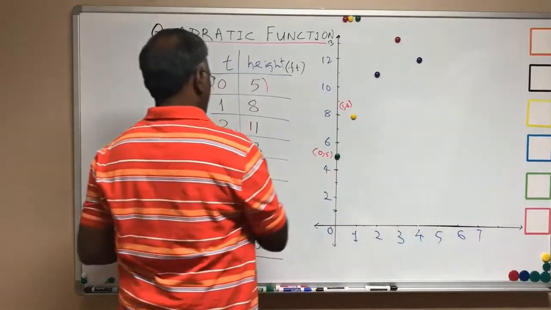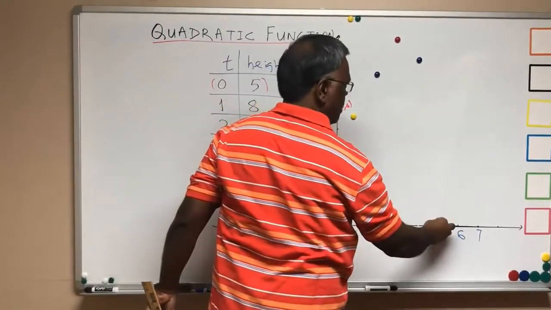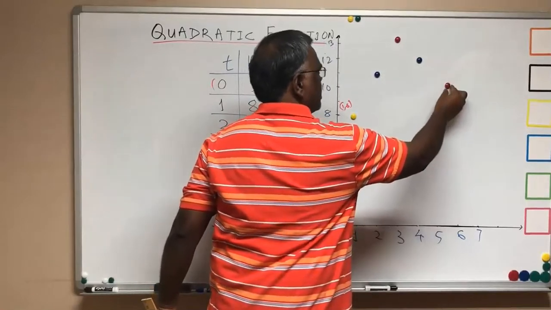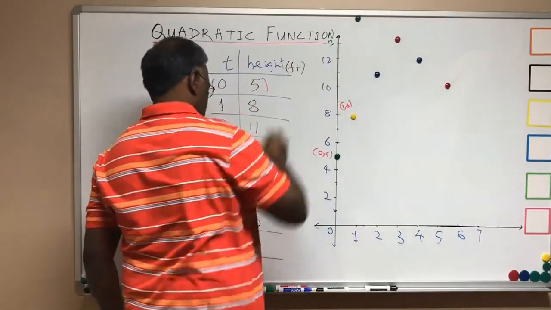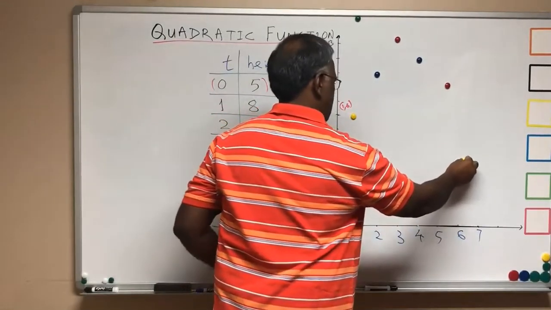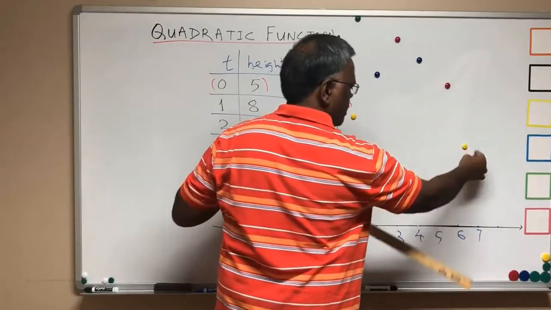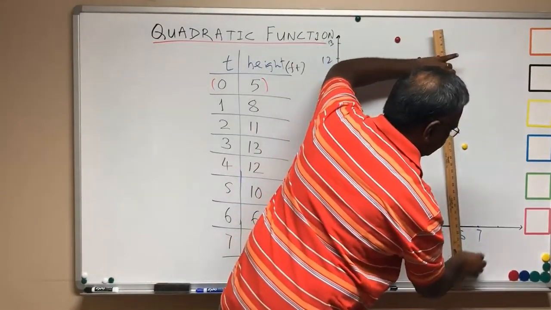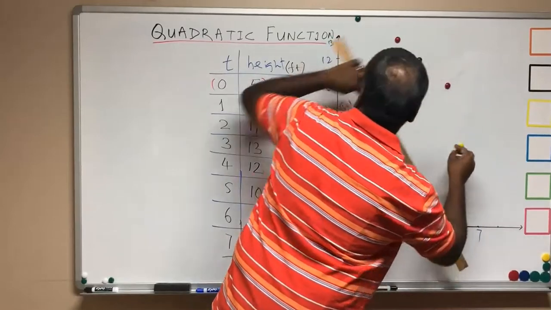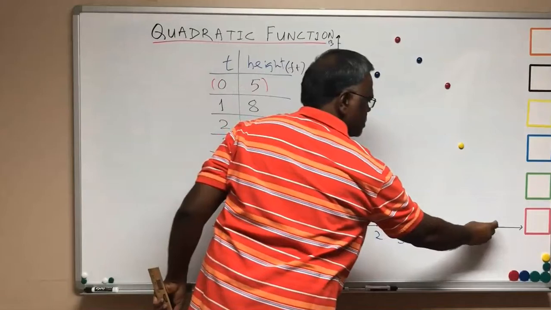Right, (4, 12). Then 5 goes to 10. 10 is here, 5 is there, (5, 10). Then (6, 6). And 7 goes to 0, (7, 0).